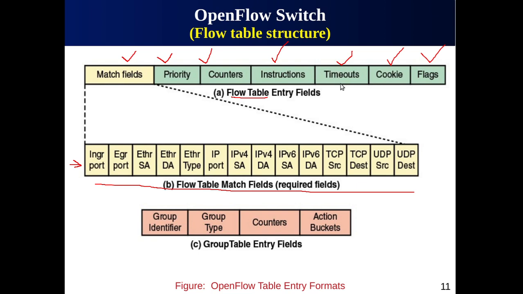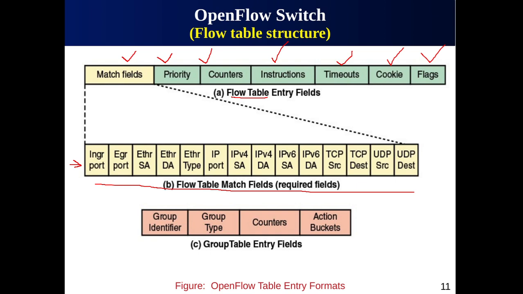Timeout. If you studied the TCP/IP protocol, you must be familiar with the timeout concept. That is the maximum amount of time a packet would stay inside this flow table, like the lifetime of the packet inside the table.